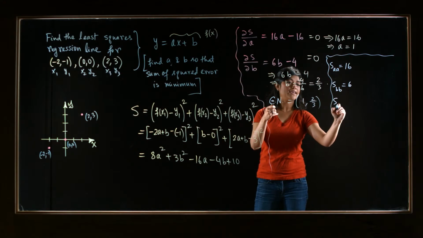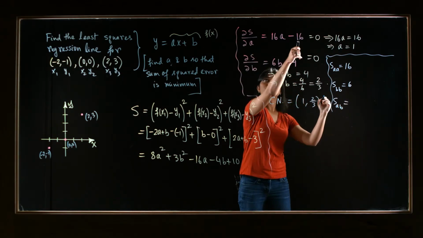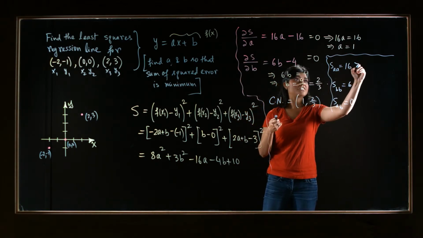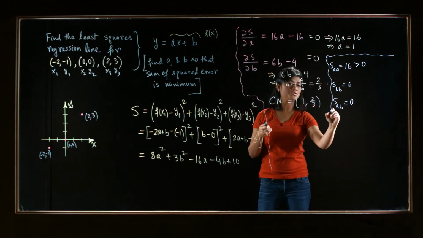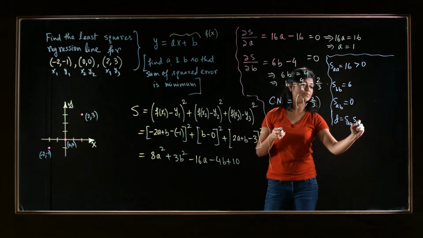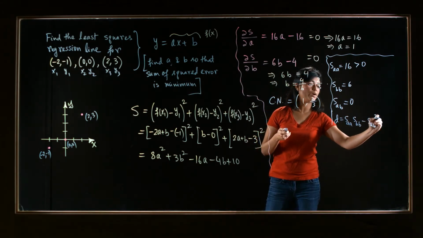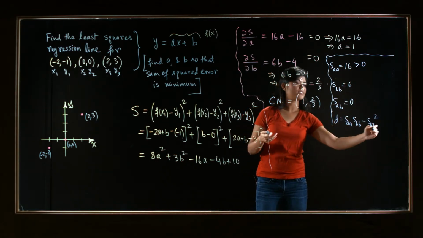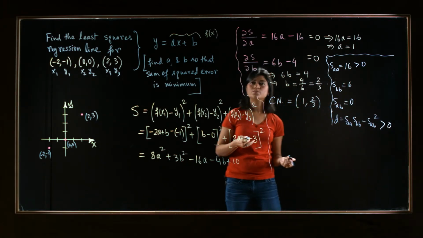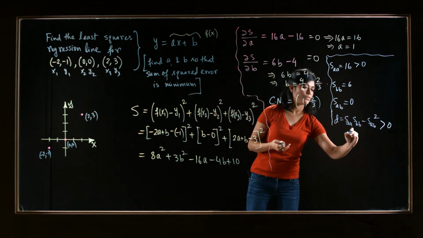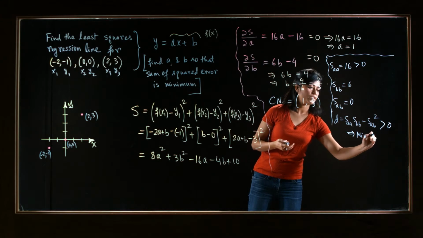And then SAB, the first expression with respect to B is 0. And you see that SAA is positive, and when you compute D, that is SAA SBB minus SAB square, that's just 16 times 6 minus 0, and 16 times 6 is also positive. So if these two are positive, you get minimum. So minimum S.